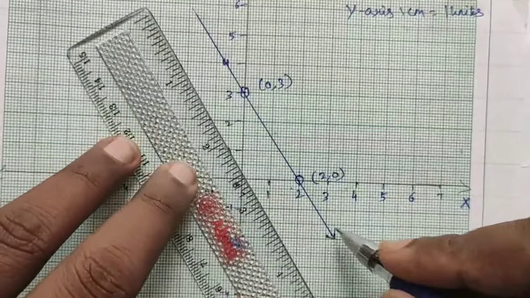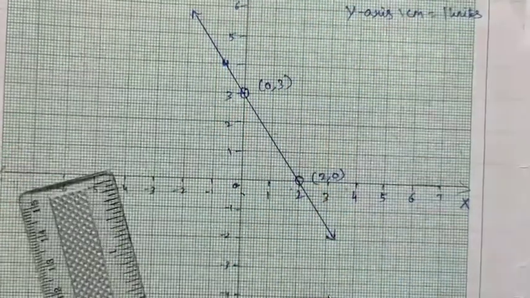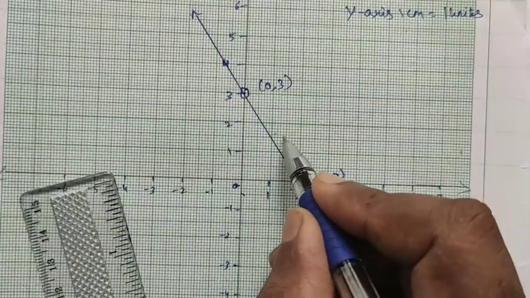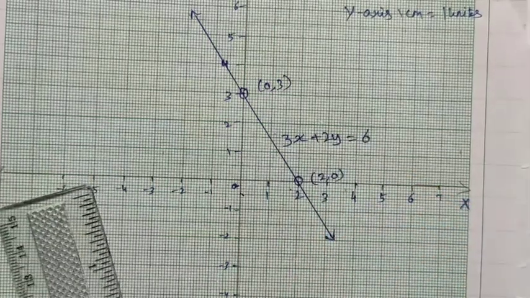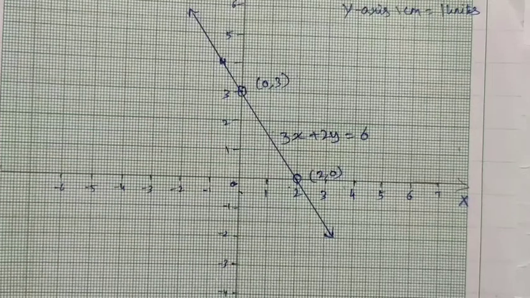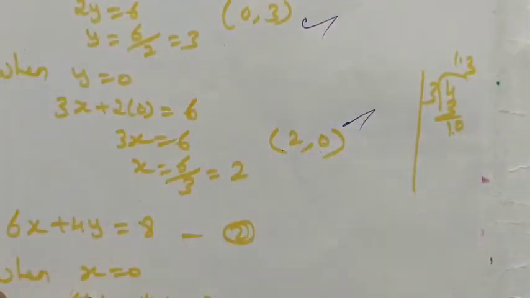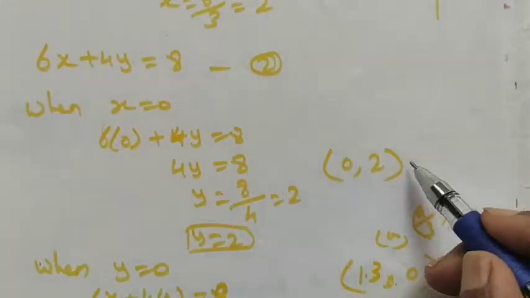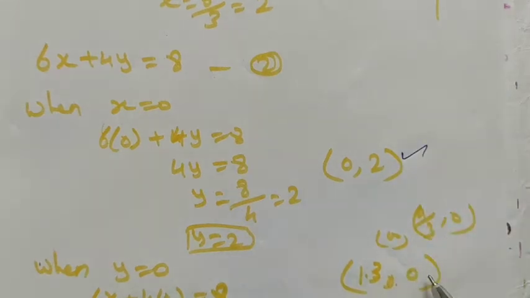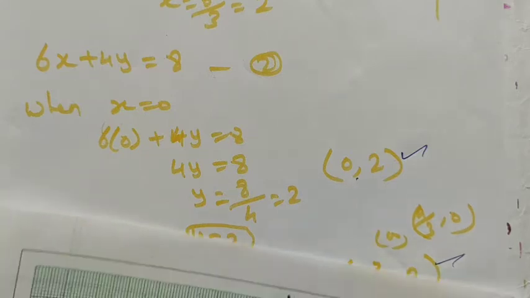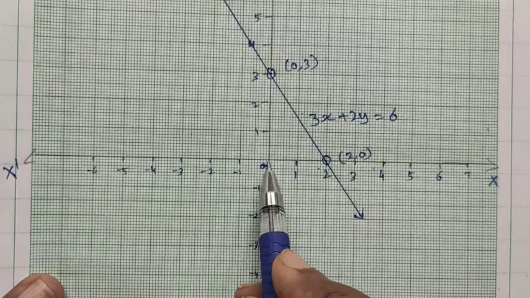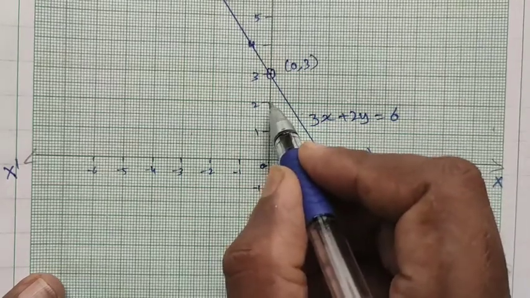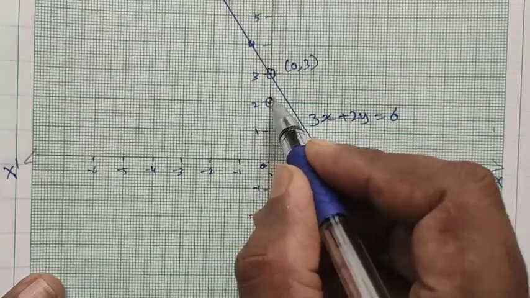We can extend the line as much as needed. This is the line of the equation 3x plus 2y is equal to 6, the first equation. For the second equation the points are 0, 2 and 4 by 3, or 1.3, 0. First we plot the point 0, 2, which lies on the y-axis.